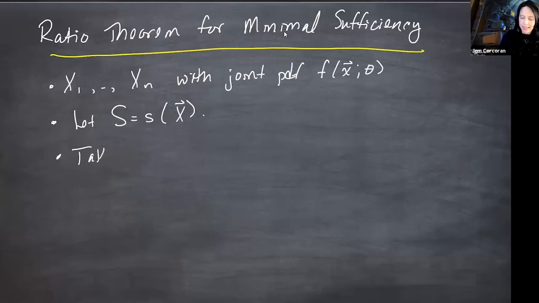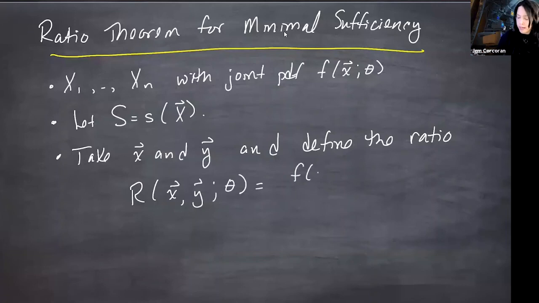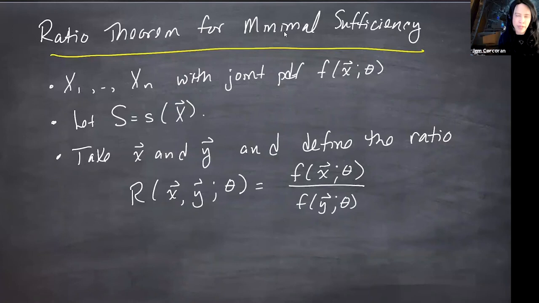I'm going to take a vector x and y, so just any vectors in the support of the joint PDF, and define the ratio R of x comma y semicolon theta to be the joint PDF evaluated at x over the joint PDF evaluated at y. It's still only one PDF for the x1 through xn. I'm just using y as a different argument to plug in.